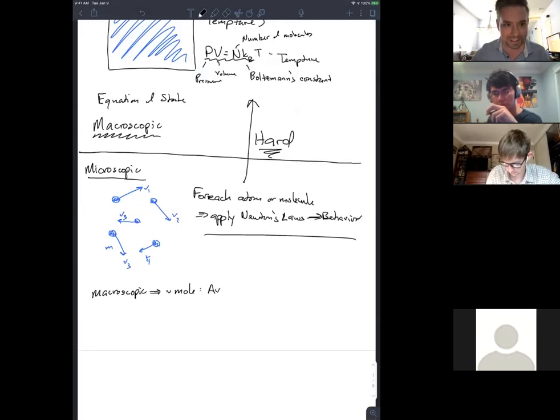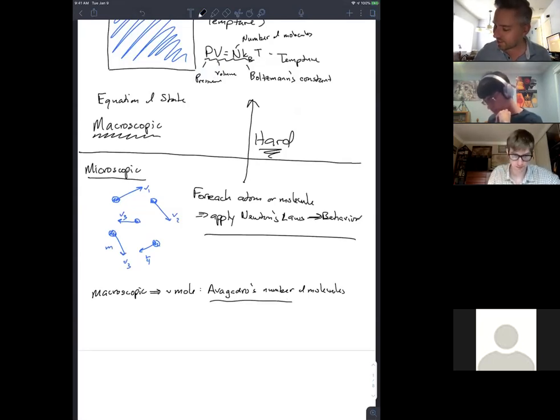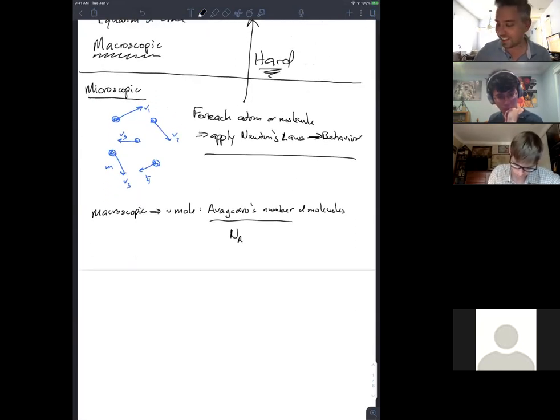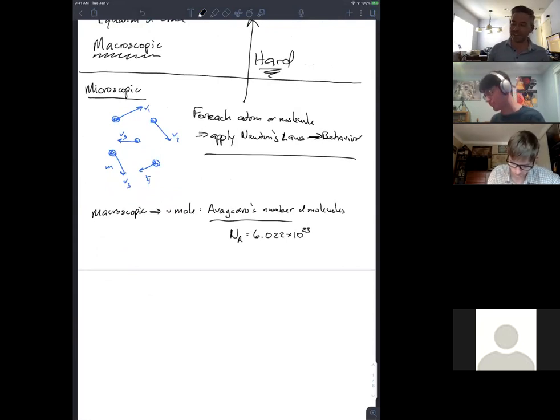Oh God, how do I spell Avogadro? Let's say it's spelled like that. So a mole is just Avogadro's number of molecules. Okay, and Avogadro's number, that's this N_A, and this number is insane, right? I believe it's 6.022 times 10 to the 23rd. So a mole of gas molecules is on the order of 10 to the 23rd atoms.